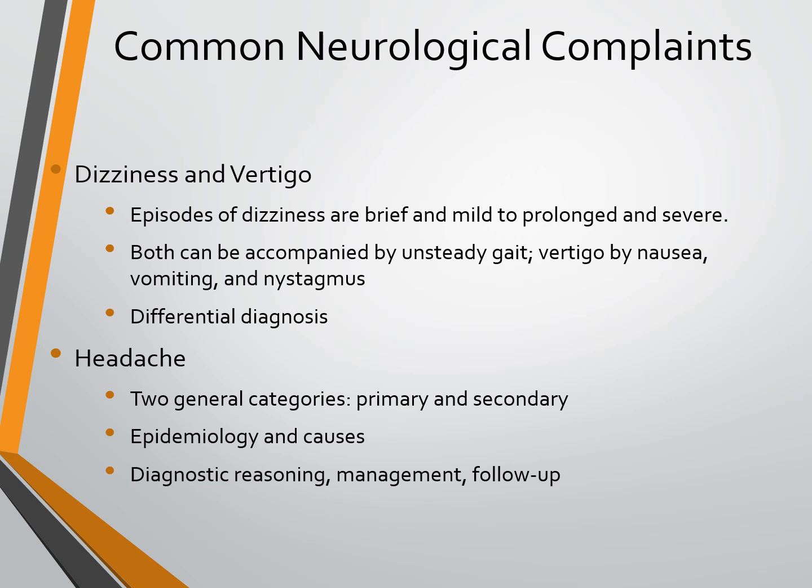Patients may present talking about having unsteady gait and even some vertigo, which occurs with nausea and vomiting. When you do your eye exam, you may see some nystagmus, but you need to make sure that you consider what differential diagnosis you may need to be thinking about with these patients who present with dizziness and vertigo.